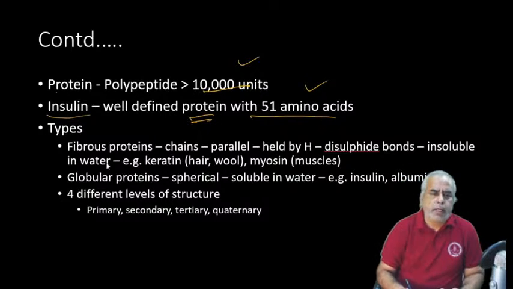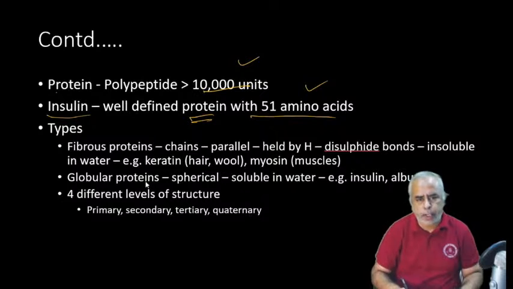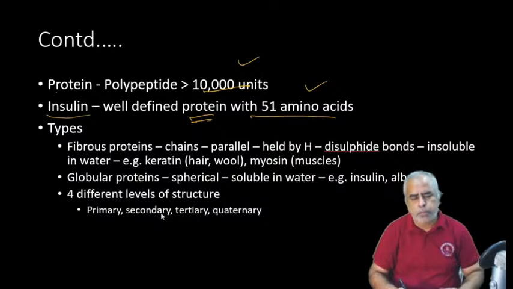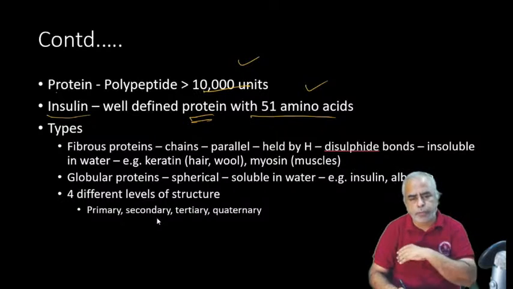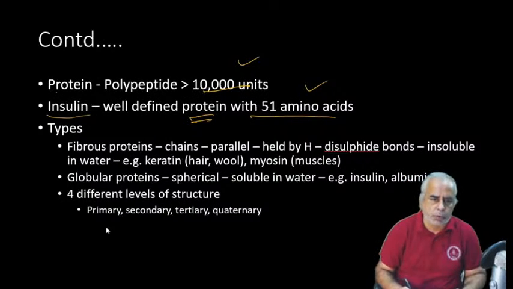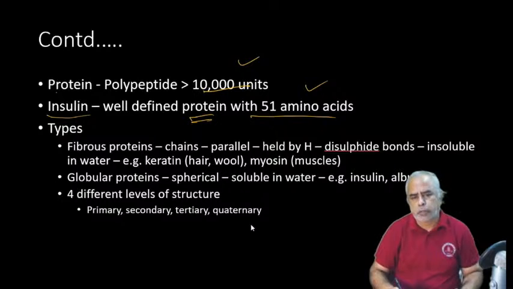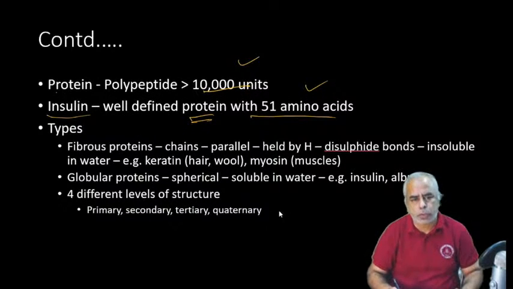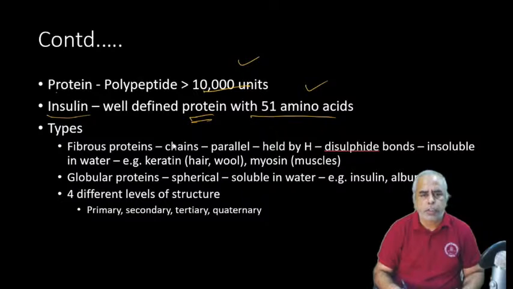Now, what are all the various types of proteins? We have fibrous proteins, globular proteins, but basically there are 4 different levels of structure of protein. They are primary, secondary, tertiary, and quaternary. But three-dimensionally speaking, basically it has 2 important structures, that is fibrous protein and globular protein.